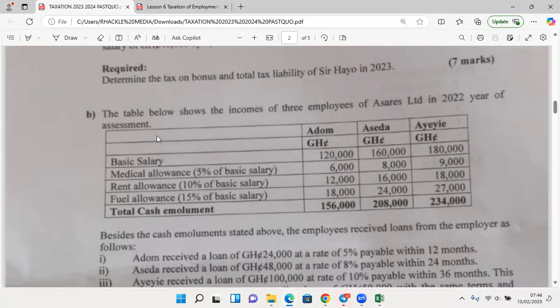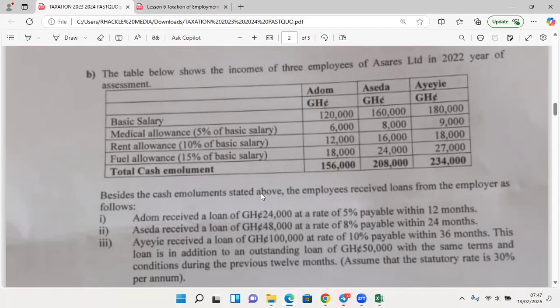So we have the basic salary, 120, 160, and then 180. We have medical allowance, rent allowance, school allowance, and the like. And their total cash emolument is 156, 208, 234,000.